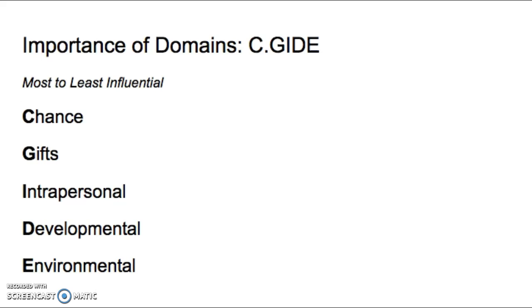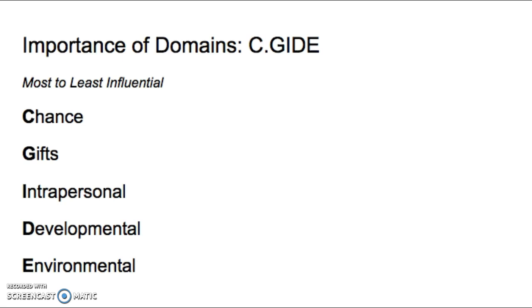So the first is chance, and that is on top because of the genetic roll of the dice and the parental roll of the dice. And those are huge. Although chance plays a role in many parts, those two really cannot be controlled. So those are at the very top of the list as most influential in the development of talents, and the chance of one having gifts.